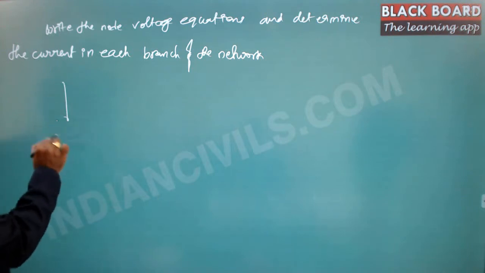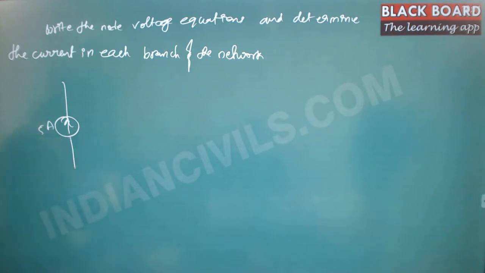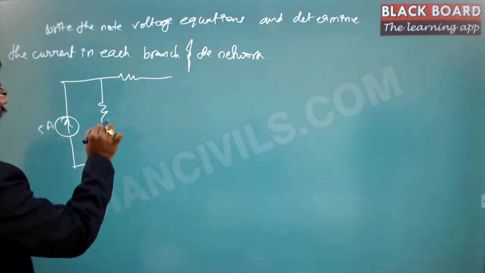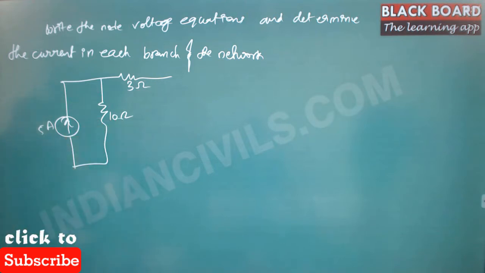So there is one 5 ampere current source, and 3 ohms and 10 ohms, five ohms and 1 ohm.